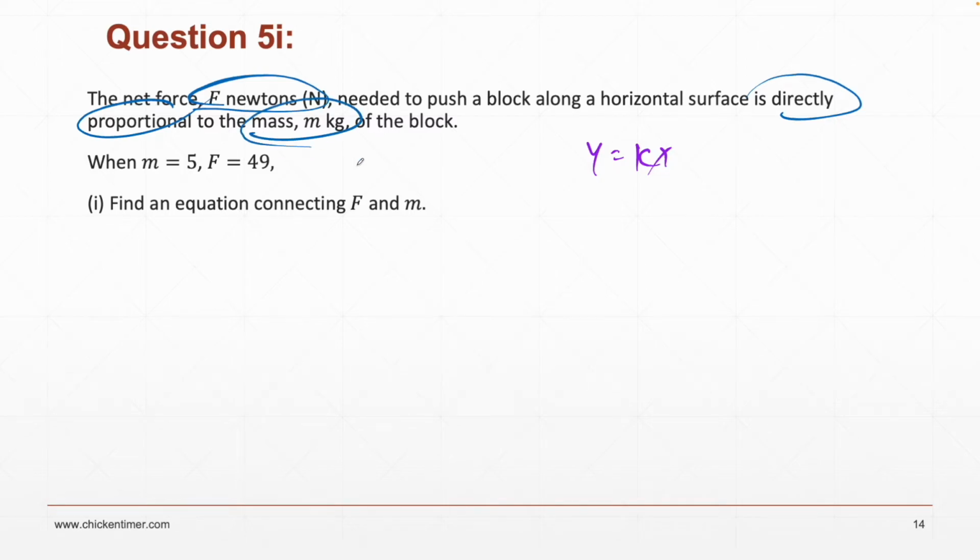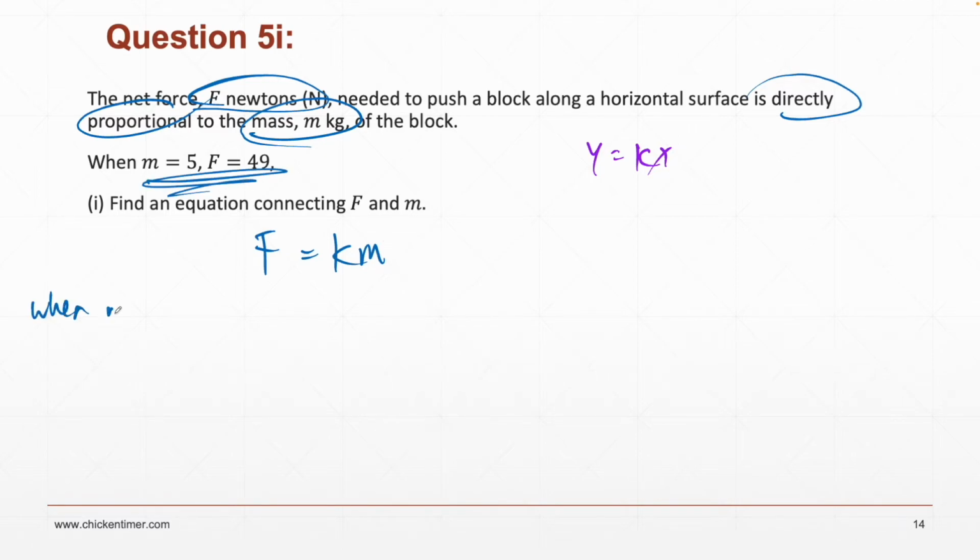So we start with the equation y equals kx, but now we say that the force is directly proportional to mass. So we have F and M, and K is the constant. We want to find the equation connecting F and M, and we are given these values.